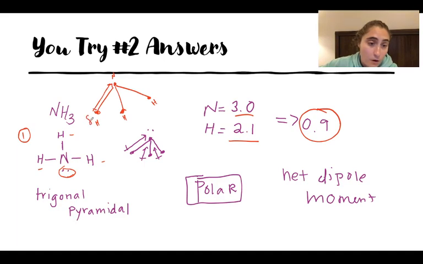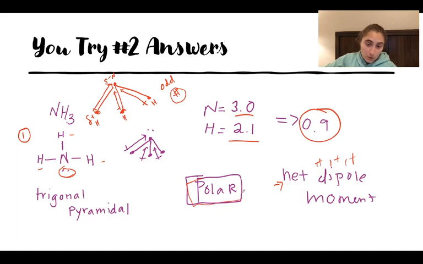This side's going to be partially positive, and this side's going to be partially negative. And we actually have 3 of these, 1, 2, and 3. Because these don't cancel each other out, we have an odd number. This is going to create an overall net dipole moment. We're adding together 3 dipoles. So as a result, this is going to be a polar molecule. Okay?